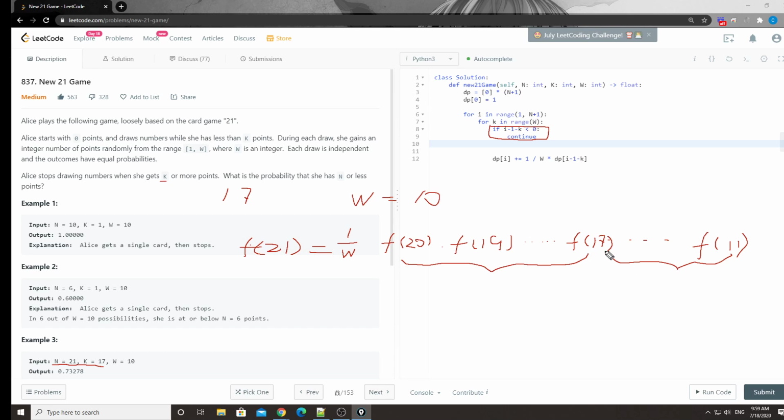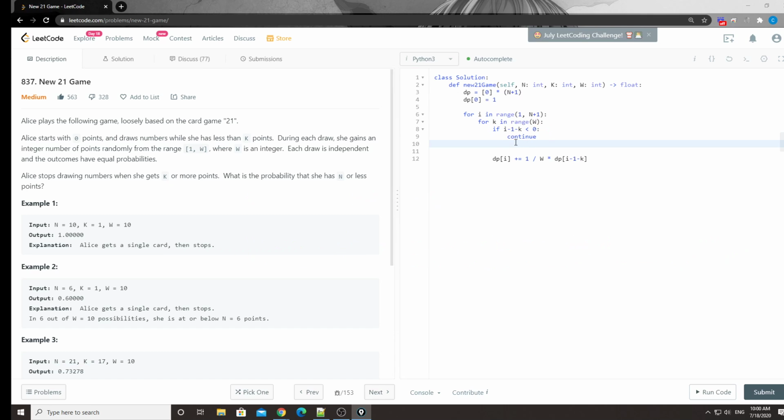And that's how we calculate the probabilities of F21. Make sense? Okay, cool. So that's to check the out of range.